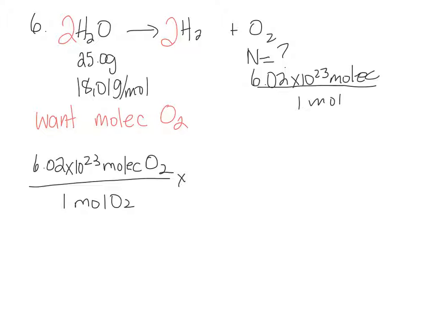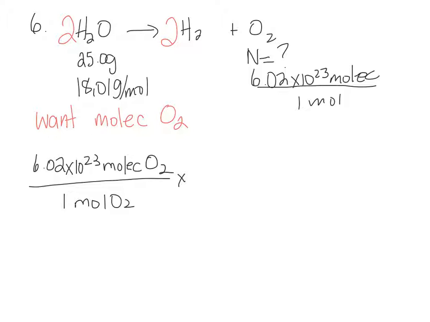Somehow, we have to go from over here, where we're trying to find information, to over here, where we've got lots of information. How do you go from this substance to this substance? What do we need to use to go from here to here?